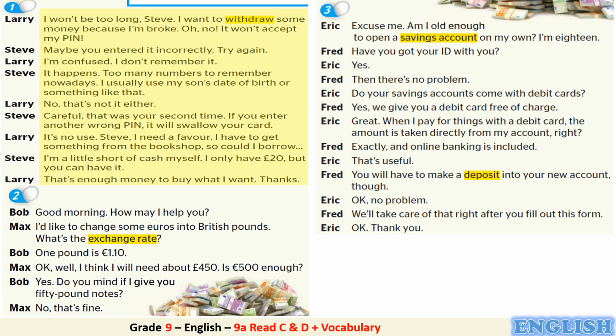I won't be too long, Steve. I want to withdraw some money because I'm broke. Oh no! It won't accept my PIN. Maybe you entered it incorrectly. Try again. I'm confused. I don't remember it. It happens. Too many numbers to remember nowadays. I usually use my son's date of birth or something like that.